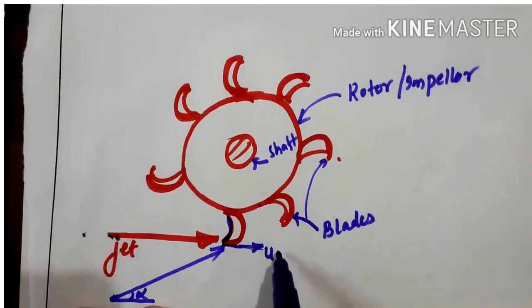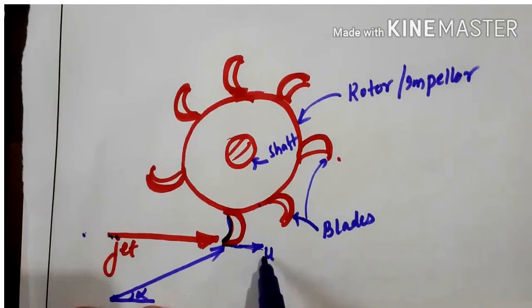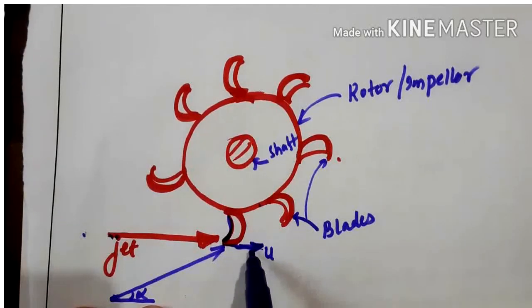We'll assume it has a linear motion in the direction given by the arrow.